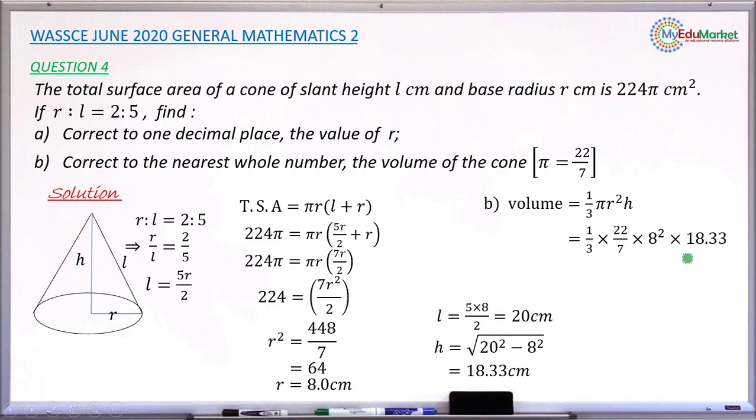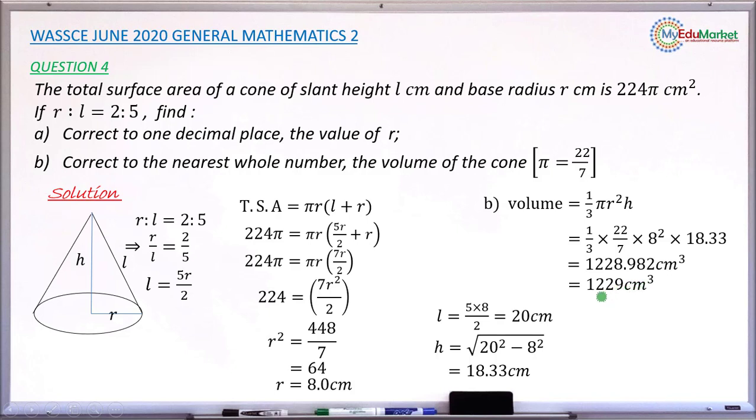Multiplying this correctly, you have 1228.982 centimeter cube, and the question asks us to give the answer correct to the nearest whole number. So this number, when approximated to the nearest whole number, gives you 1229 centimeter cube. This question B has been answered.